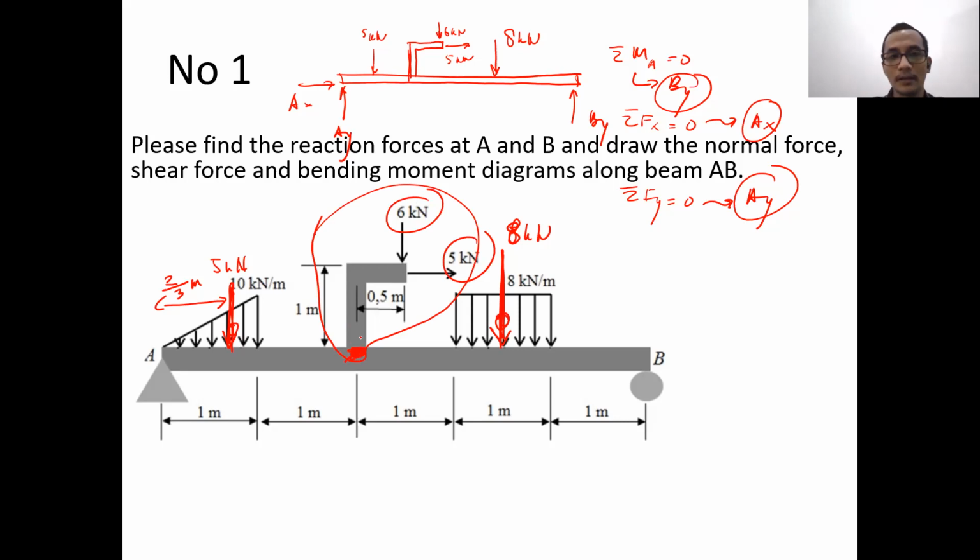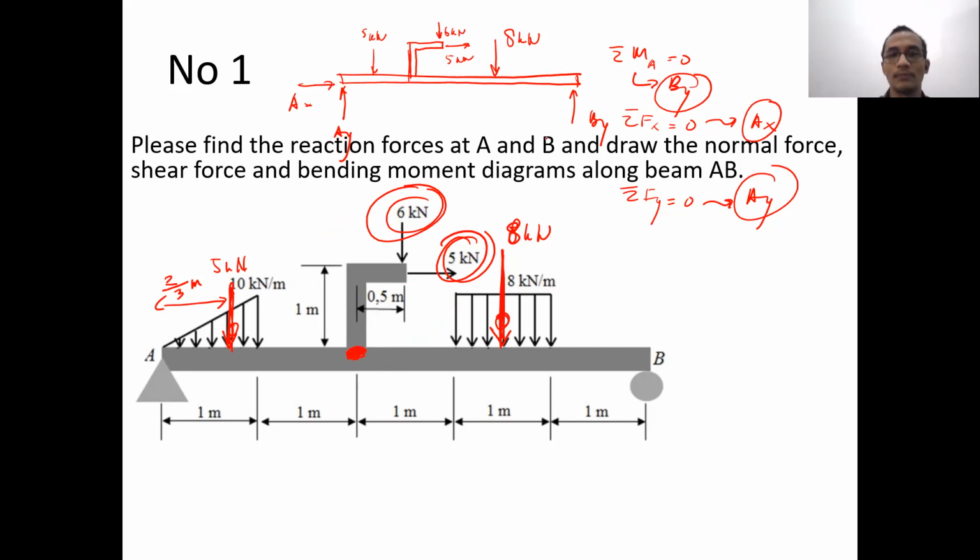Because the effect of those two forces is needed in order for us to draw the normal force, shear force, and bending moment diagrams. And how can we find out the reaction here due to 5 kilonewton and 6 kilonewton? Anyone here have any idea besides moving the force? Okay.